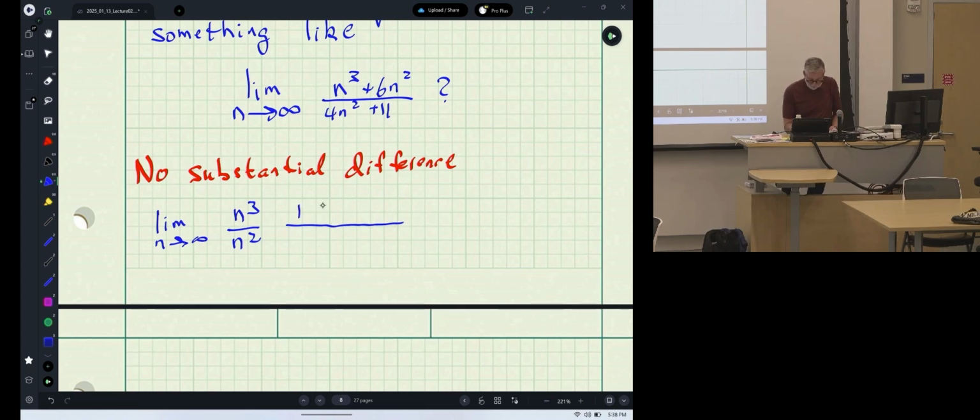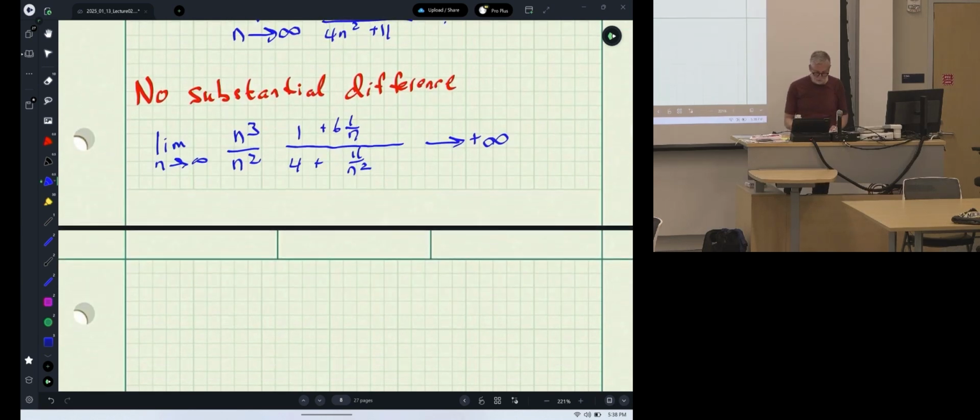And then this would leave us 1 plus 6 times 1 over n, and then 4 plus 11 over n squared. 1 over 4 is positive, and the denominator is winning, and so this would be, I'll just emphasize, plus infinity.